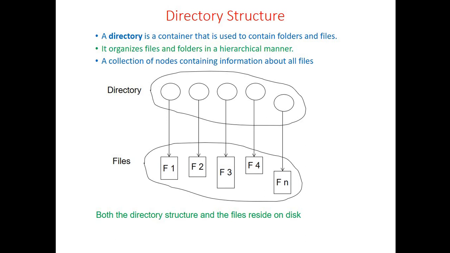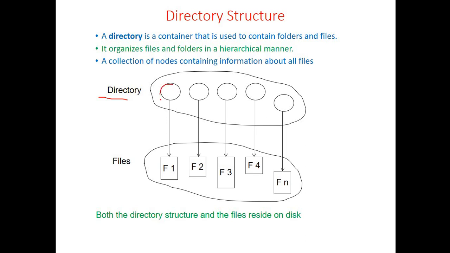Directory structure. A directory is a container that is used to contain folders and files. It organizes files and folders in a hierarchical manner. A collection of nodes containing information about all the files. So a directory is nothing but a container. It will have both folders and files.